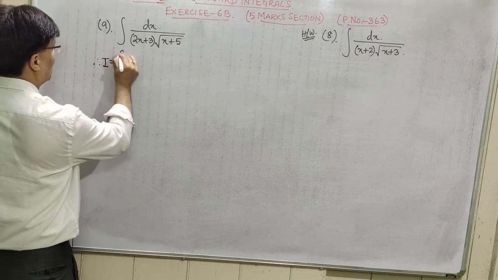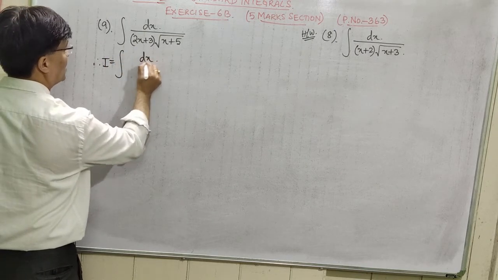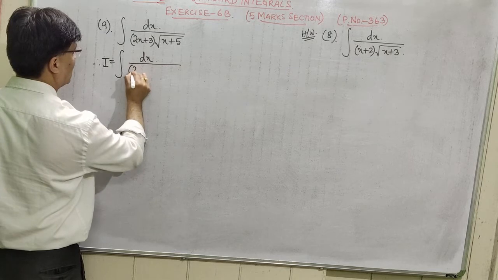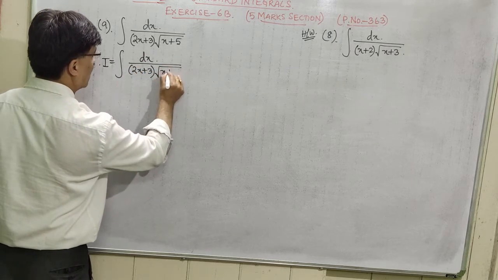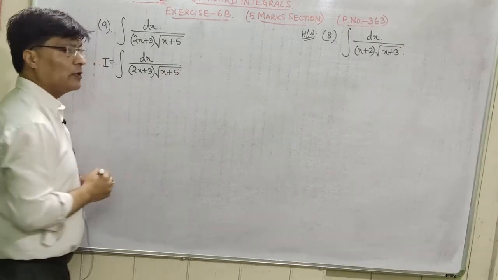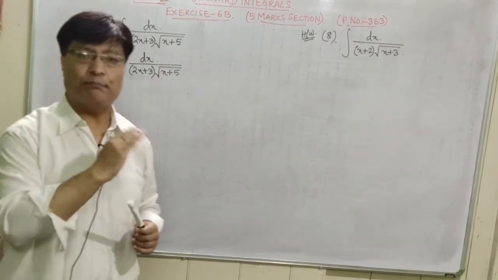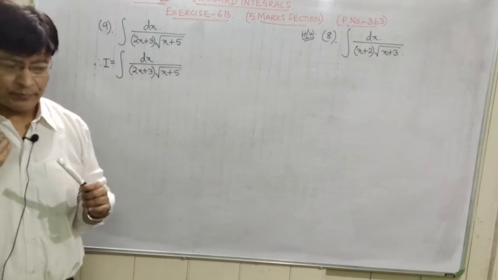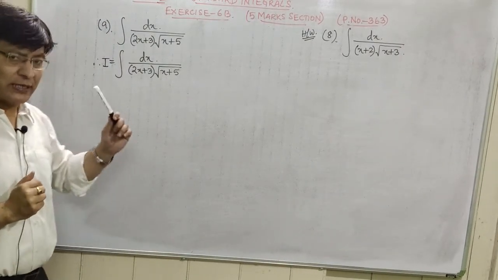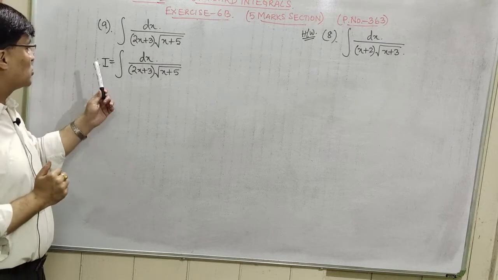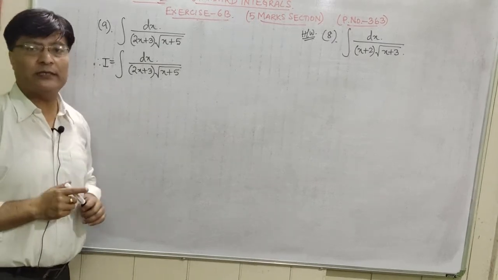So I is equal to the integration of dx divided by 2x plus 3, then root over x plus 5. We can use the first method in this case. Just now I explained two methods of integration, and in this case the first method is used.